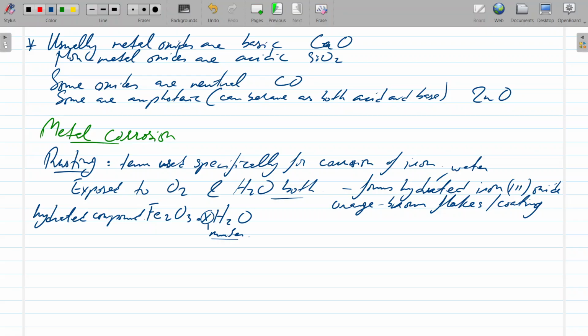So if either water or oxygen is missing, then rusting is not going to happen. And they also mention, so you need both, and salt encourages rusting.